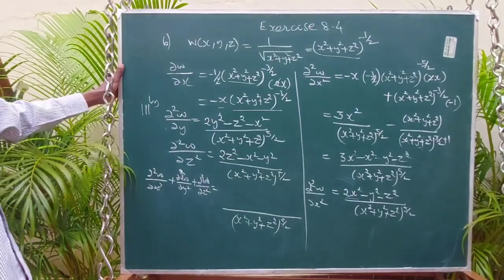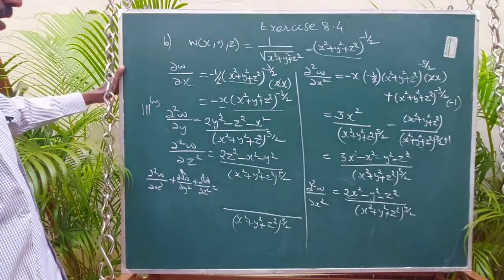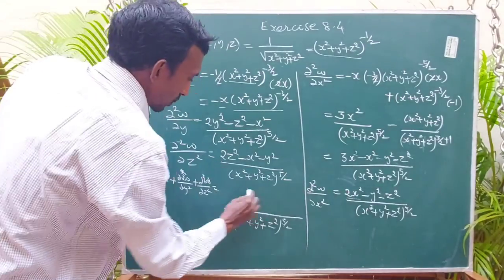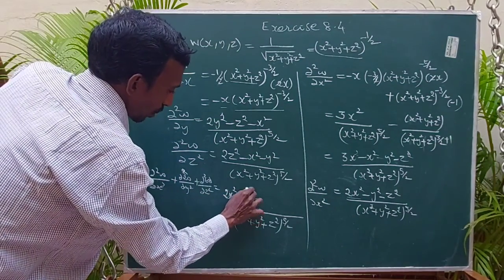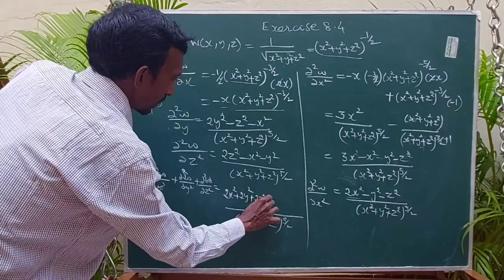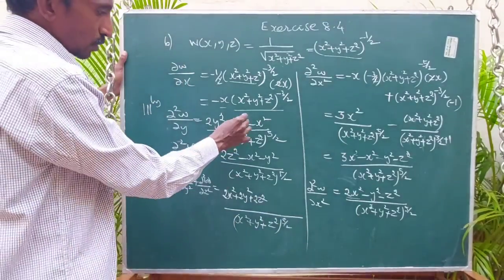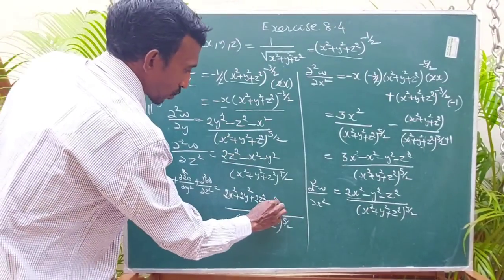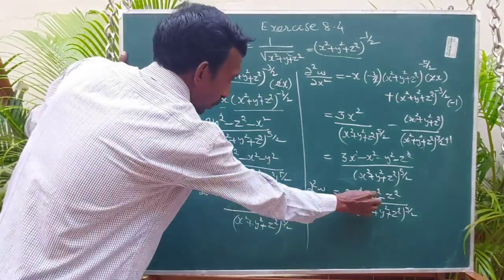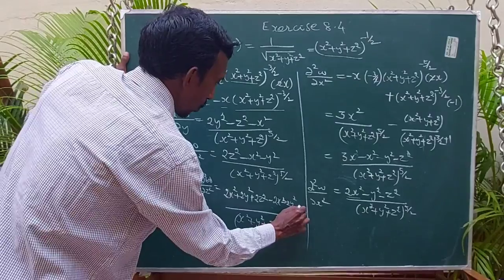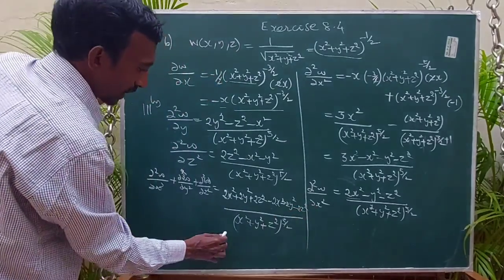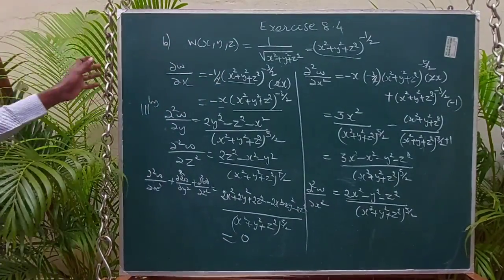Look at here, in the numerator we have 2x square, 2y square, 2z square. In the meantime, minus x square minus 2x square minus y square minus 2y square and minus 2z square. So the numerator becomes 0. So the answer is 0.